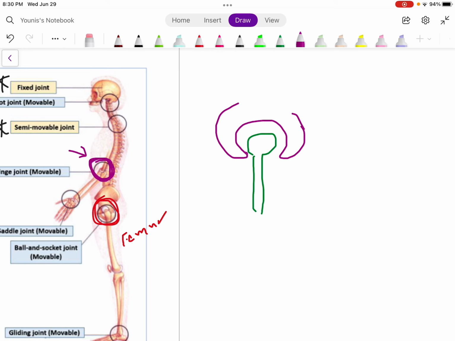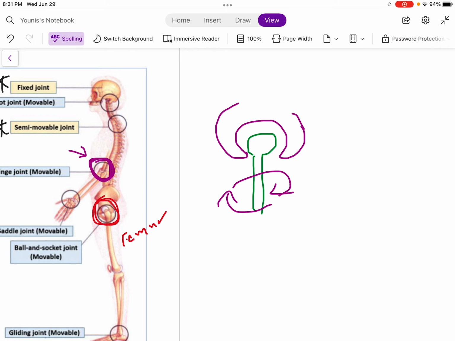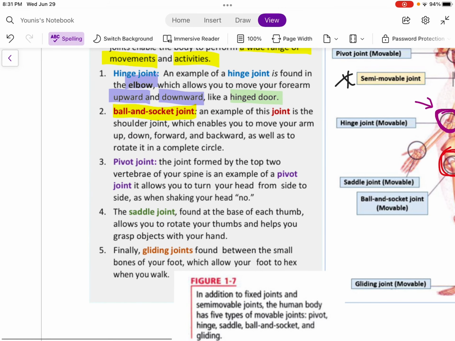So you see, now this one can rotate. The bone can rotate, right? So this is why it is called a ball and socket joint.